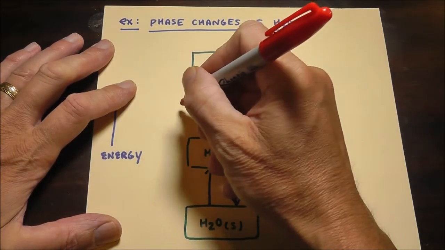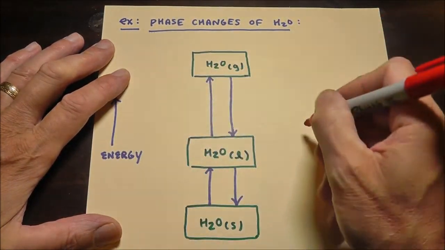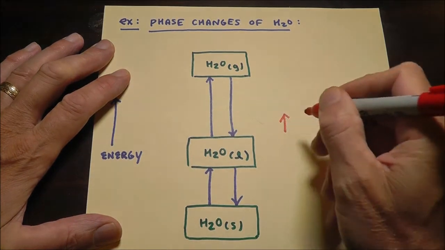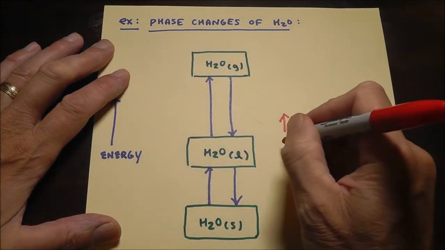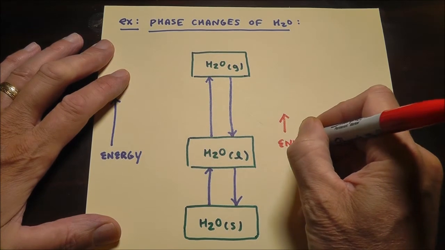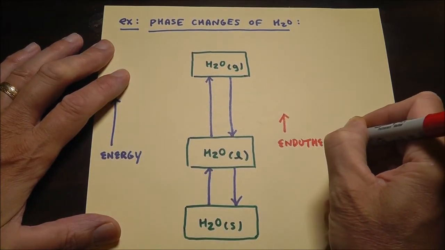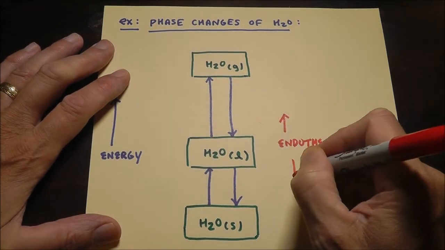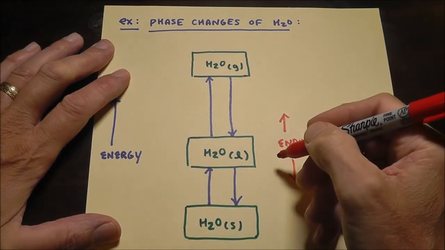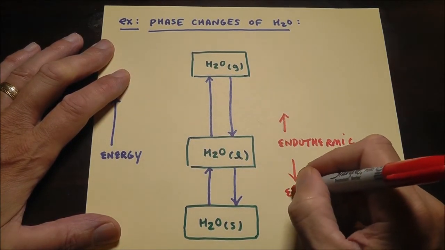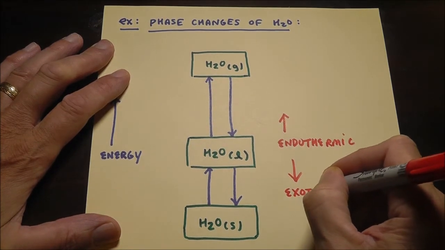And so going this way, this would be endothermic. All right, these processes going up would be endothermic. And these processes going down would lose energy, and that would go to the surroundings. That's exothermic.